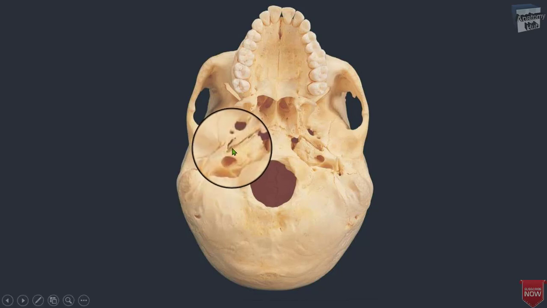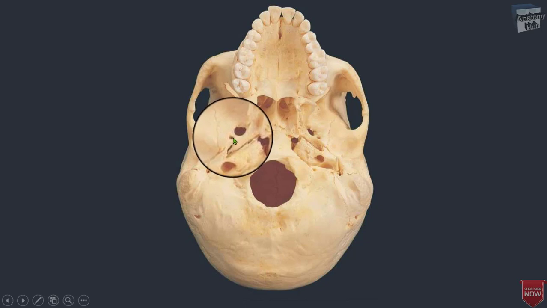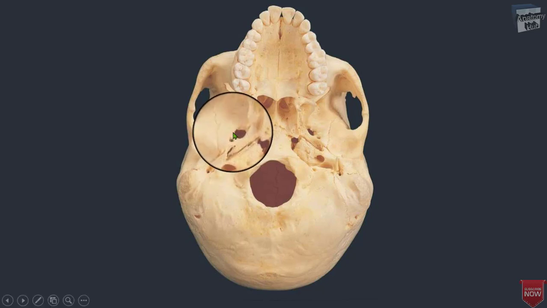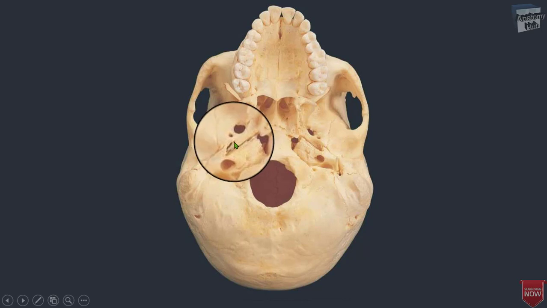Here you will find the foramen spinosum over here at the greater wing. The foramen spinosum lies at the base of the spinous process of the sphenoid bone, anterior and across the petrosphenoid fissure from the carotid canal.